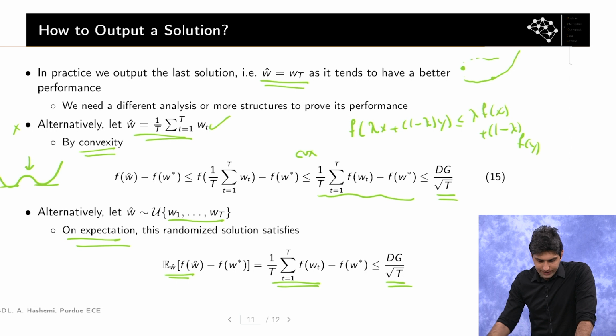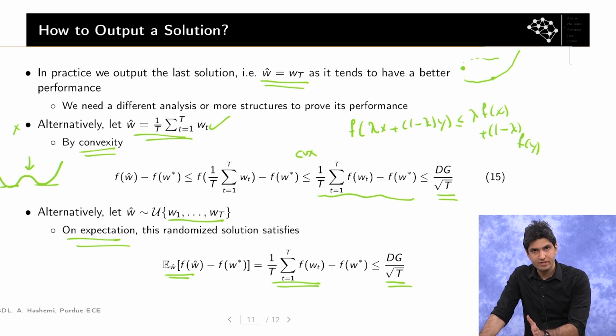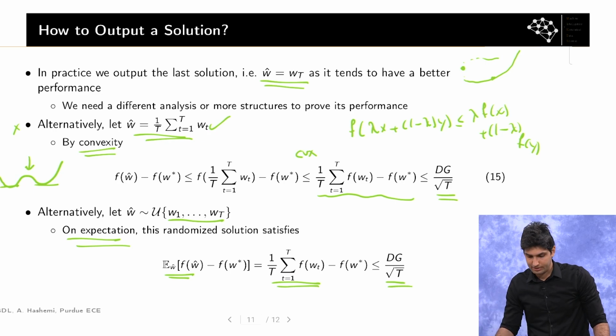And one idea behind this is that as you increase t, as you run your algorithm for more and more iterations, the later iterates are going to be very, very similar. Therefore, it's more likely that we select something that resembles the later iterates. So we're going to sort of emulate the performance of the last iterate, which we expect to be better.